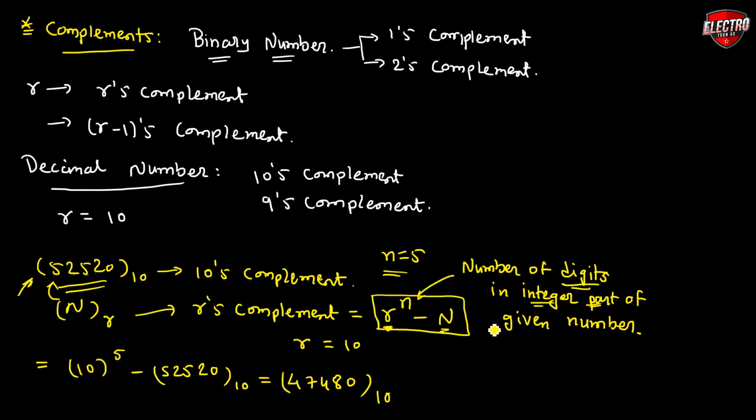Now let's take one more example. The given number is 0.3267 in decimal number system, and we want to convert this decimal number into 10's complement.